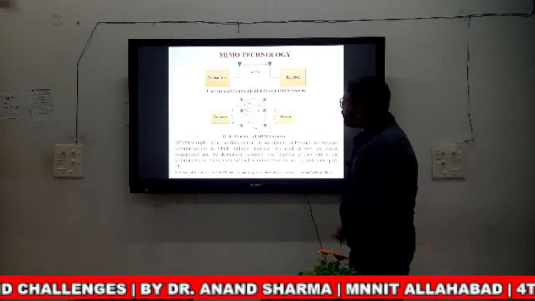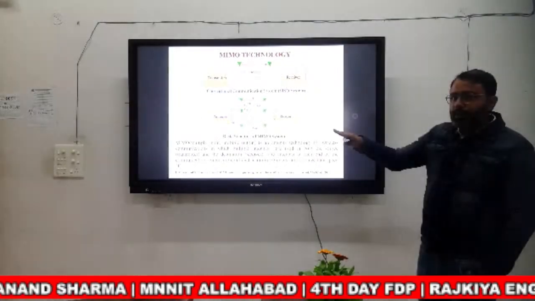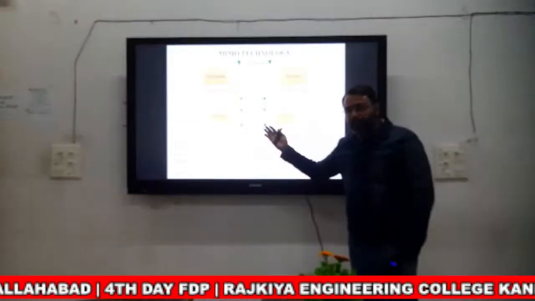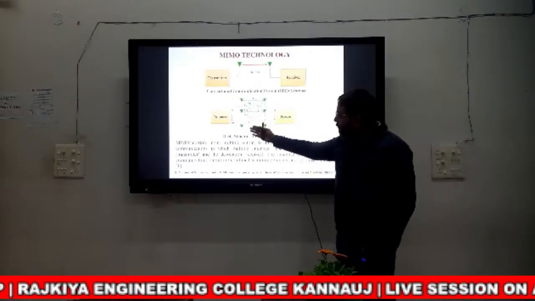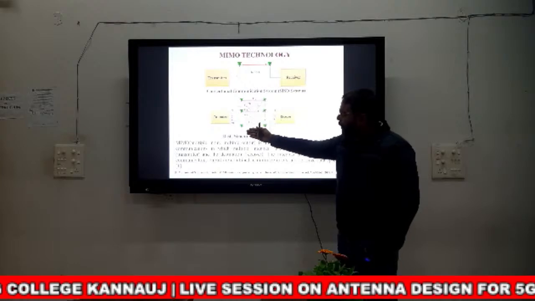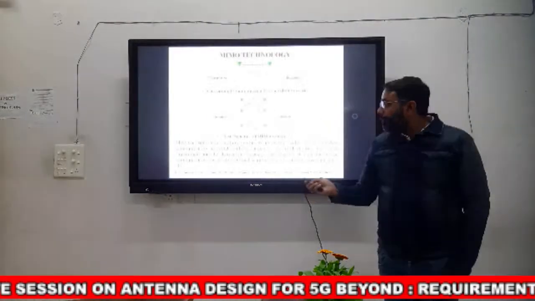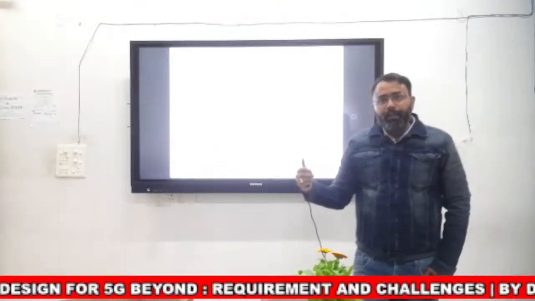So now, initially we were talking about the single port antenna, which is used for SISO systems, single input, single output. Now we will move towards multi-input, multi-output, that is multiple antennas on the transmitter side, multiple antennas on the receiver side. Okay. We have two different types of format for MIMO.